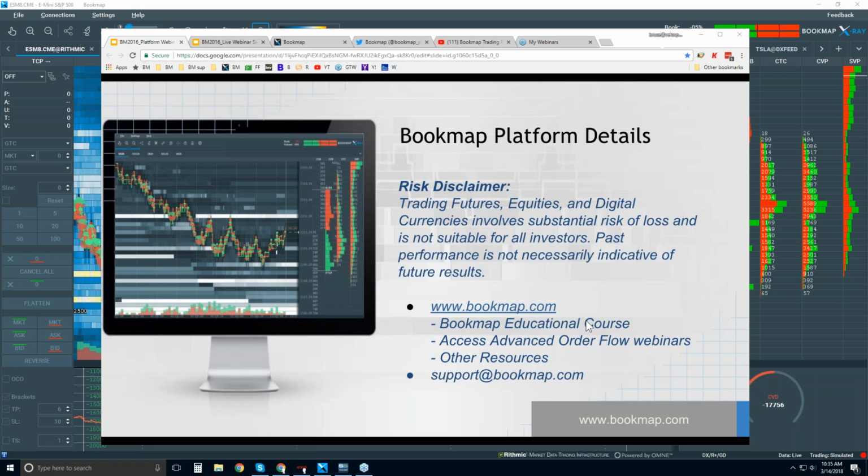When you subscribe to Bookmap, it comes with education. You get the Bookmap educational course. It's a 4-part course that starts off with basic market mechanics, and then extrapolates those ideas to much higher time frames and structure in order flow and in the auction.